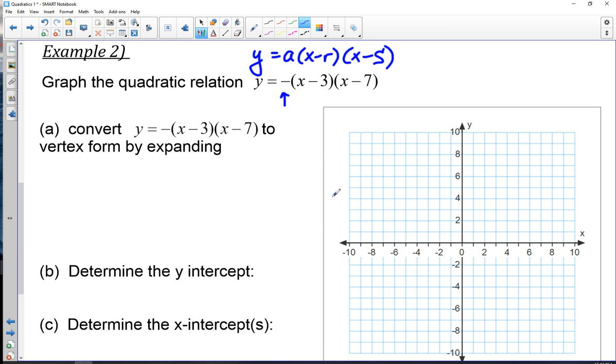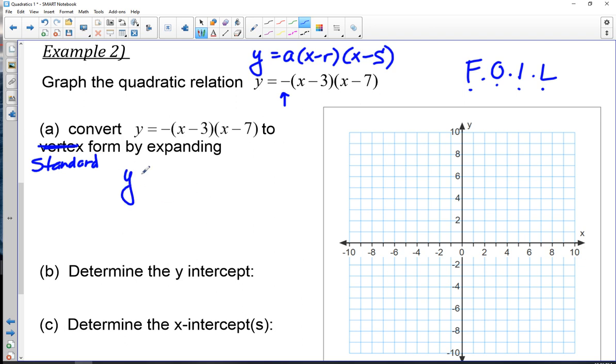So what we can do is we can take something that's written in factored form and use FOIL. That's the technique of first, outside, inside, last when multiplying two binomials. So we could expand this and convert it into standard form by expanding.